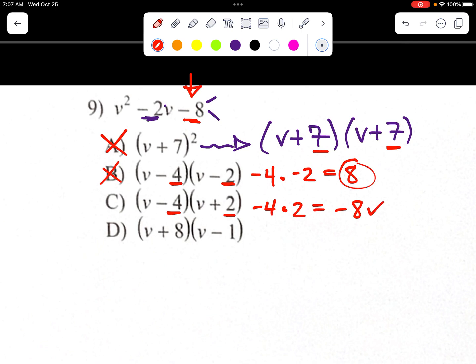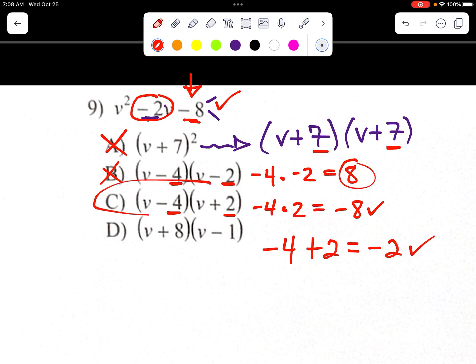Okay, so that condition works, check. Now we need to see if we put them together if it equals -2. Is -4 plus 2, I'm sorry, -2, -2? Yes, so that condition is met. So our answer is C. You can also put the problem in F1, and if I put my answer choice of C in F2, they're going to match.